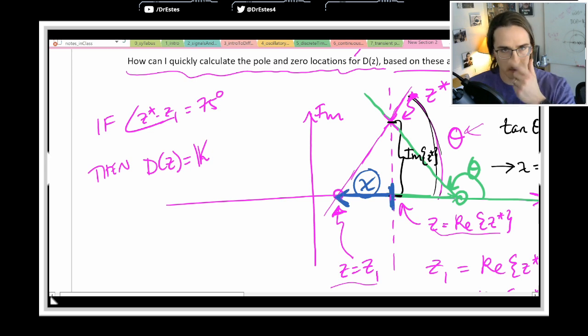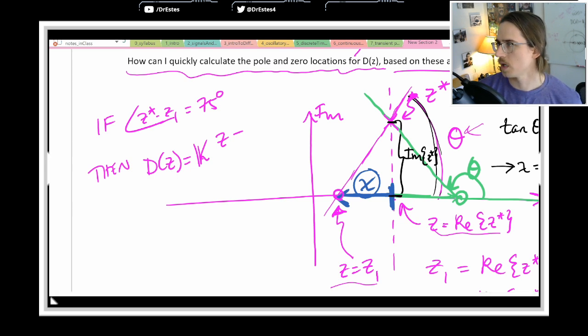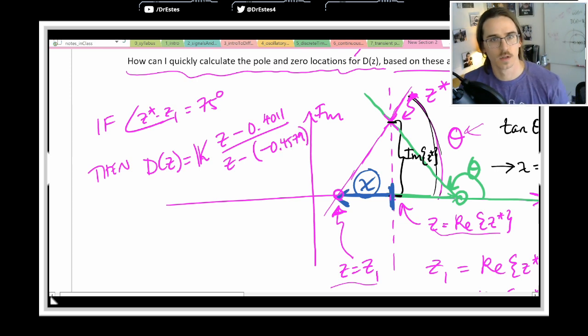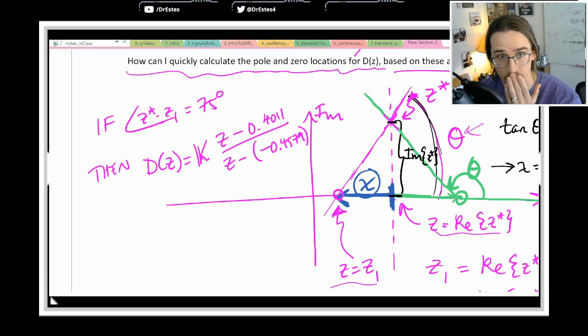It's going to be some gain, and then it's going to be z minus the zero location. So Z1 was located at 0.4011. And then the pole was located at, so we have to subtract minus 0.4579, which will just be z plus 0.4579 in the denominator.